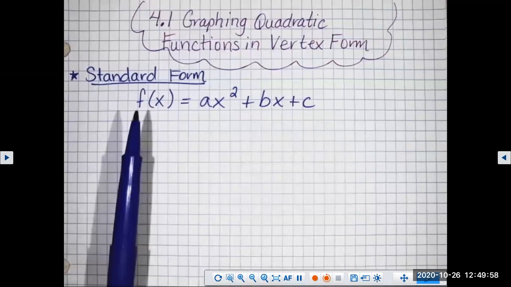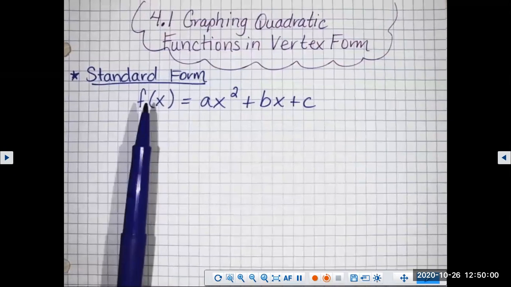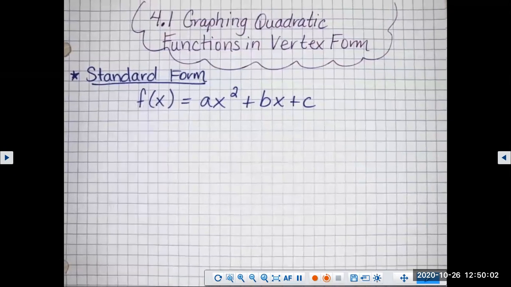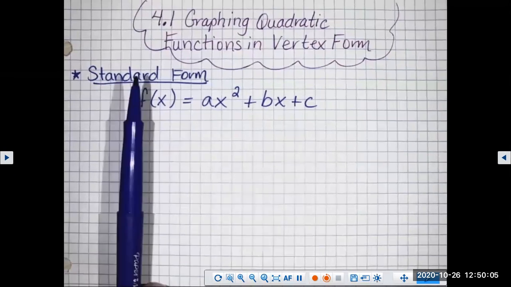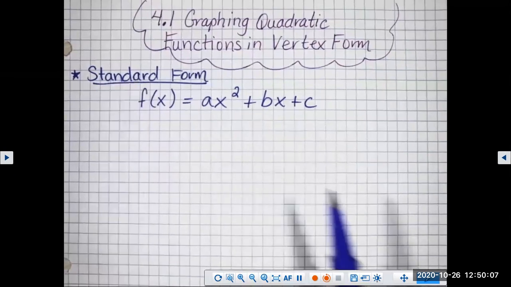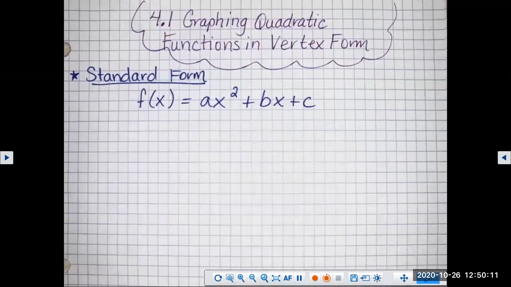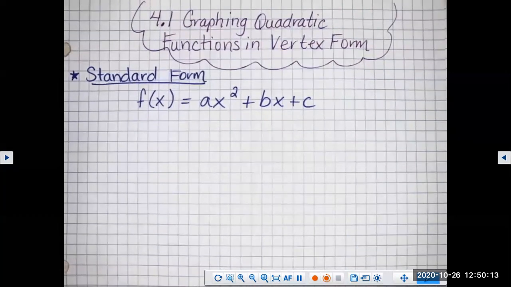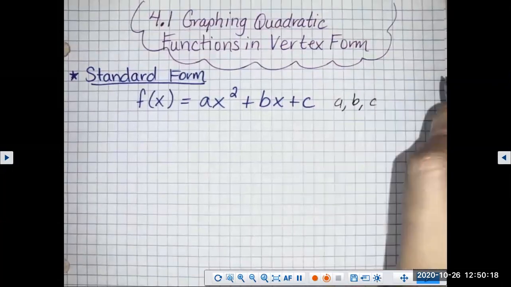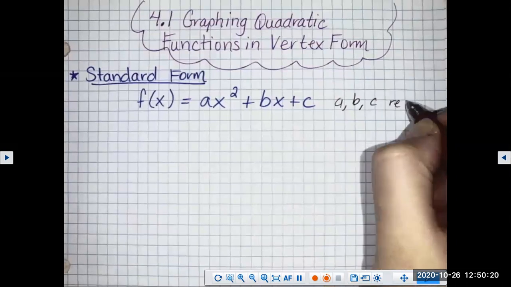This is just function notation. We actually get into that a lot more in chapter 7. But anyway, what you need to know, standard form of a quadratic function is ax squared plus bx plus c, where a, b, and c are real numbers. Can be any real number, decimal, fraction.